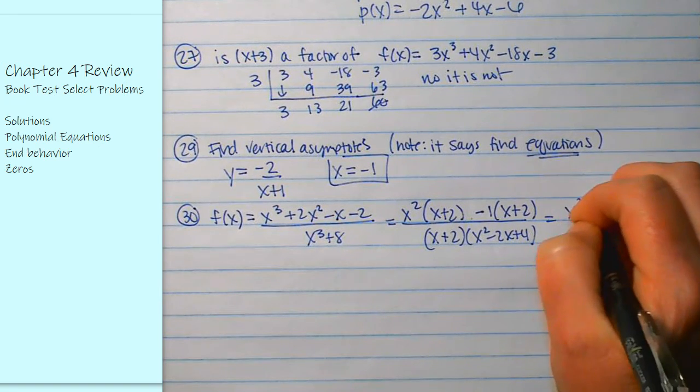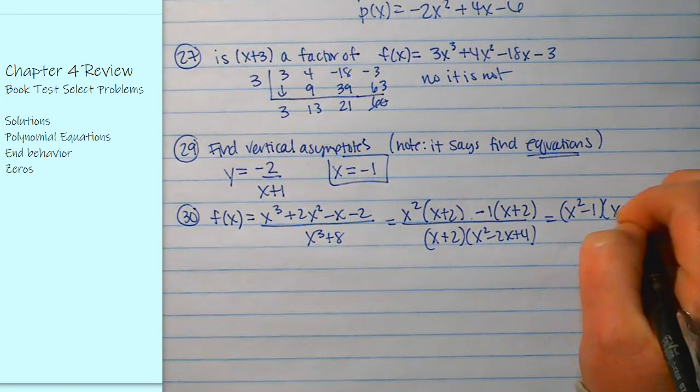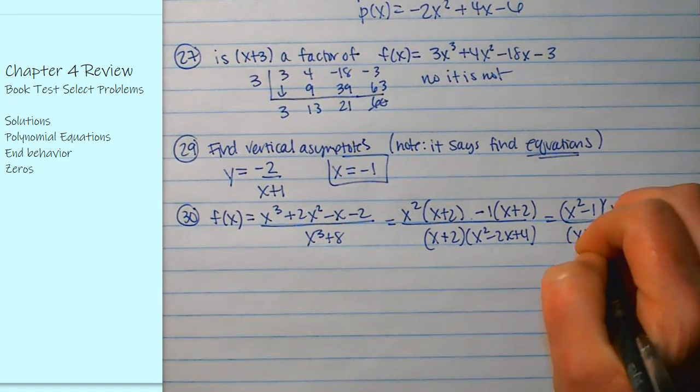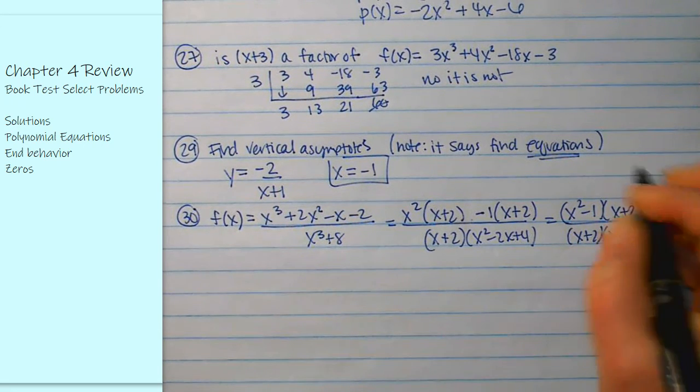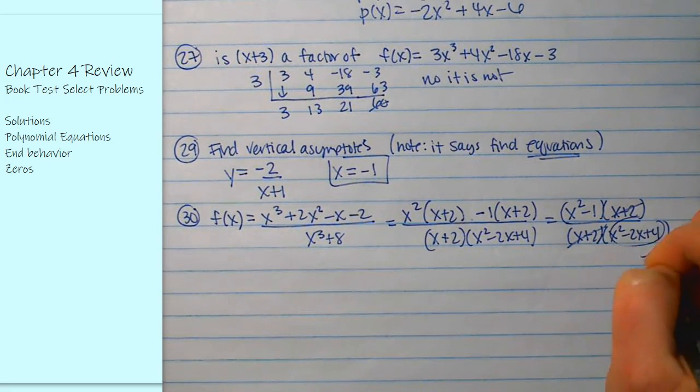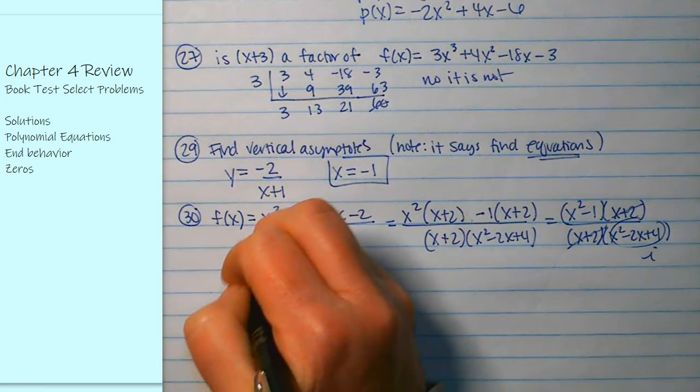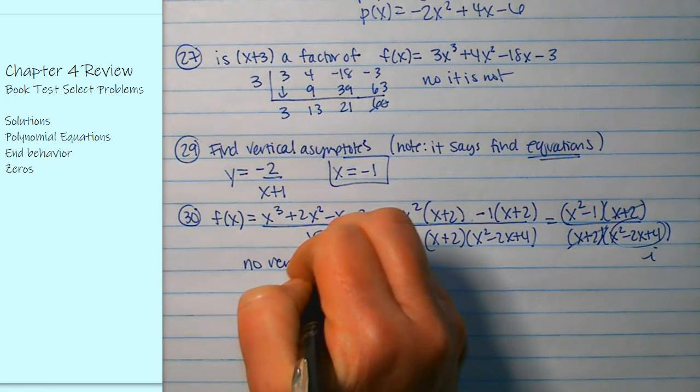So one more time, x squared minus 1, x plus 2, x plus 2, and x squared minus 2x plus 4. This cancels. This is imaginary, so this one has no vertical asymptotes.